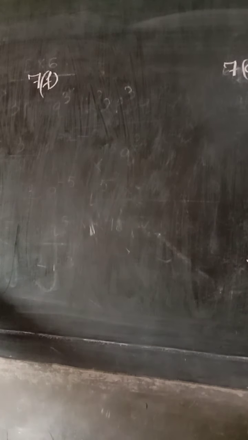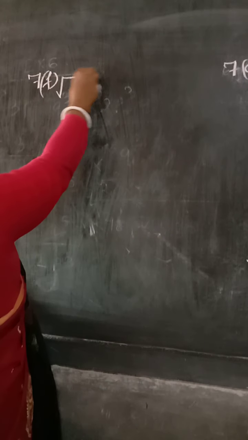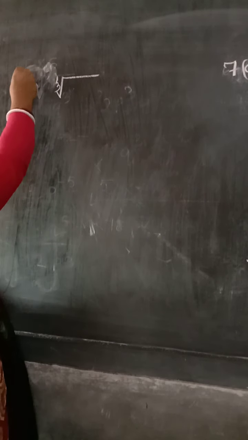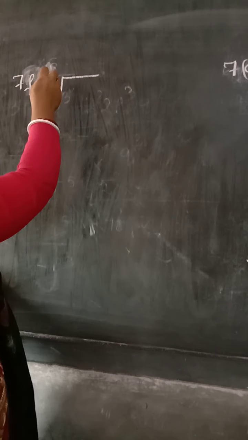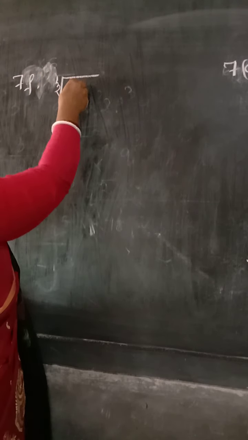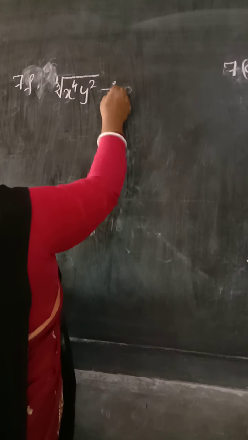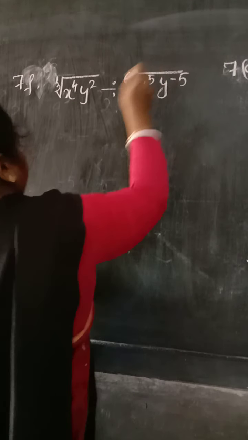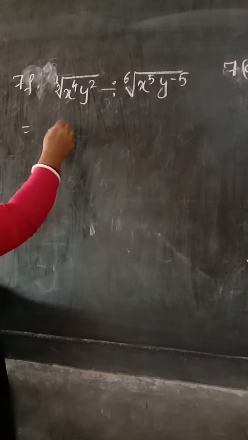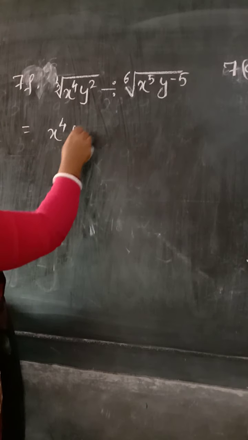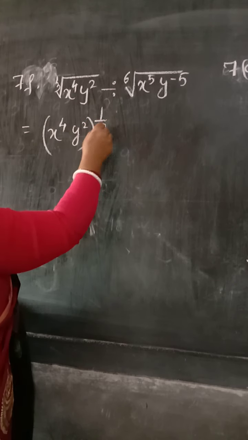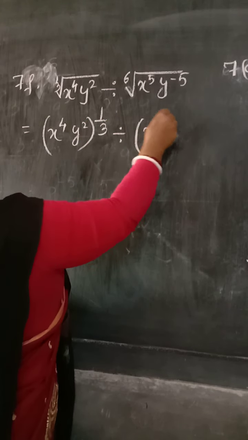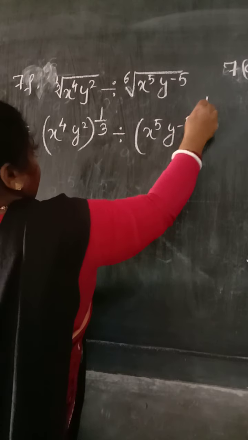The question is cube root of x to the power 4 y squared divided by 6 x to the power 5 y to the power minus 5, or I'll be writing it as (x to the power 4 y to the power 2) to the power 1 by 3 divided by (x to the power 5 y to the power minus 5) to the power 1 by 6.